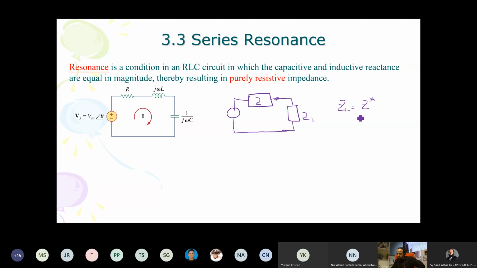And of course, this means that if Z is R plus JX, then ZL, the conjugate of Z, will be R minus JX, and the series combination will be R plus JX plus R minus JX. So this will be 2R.